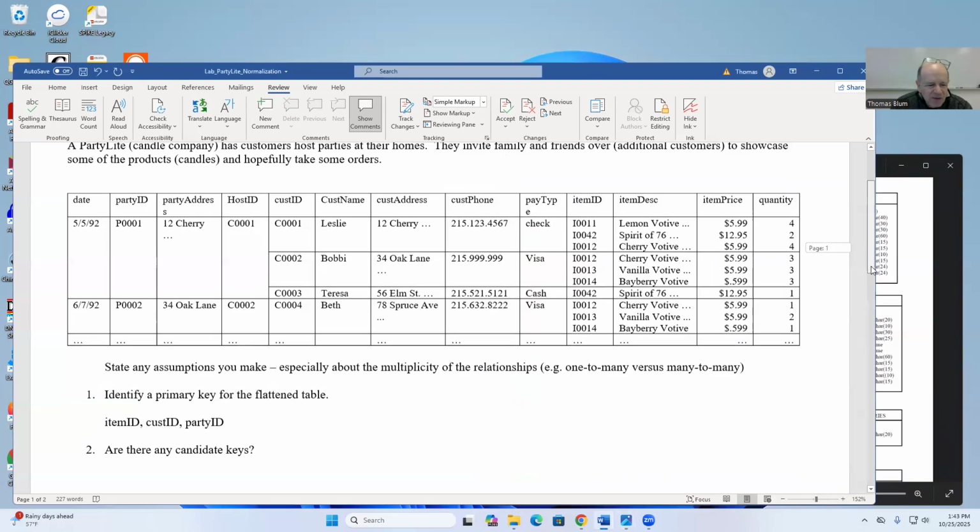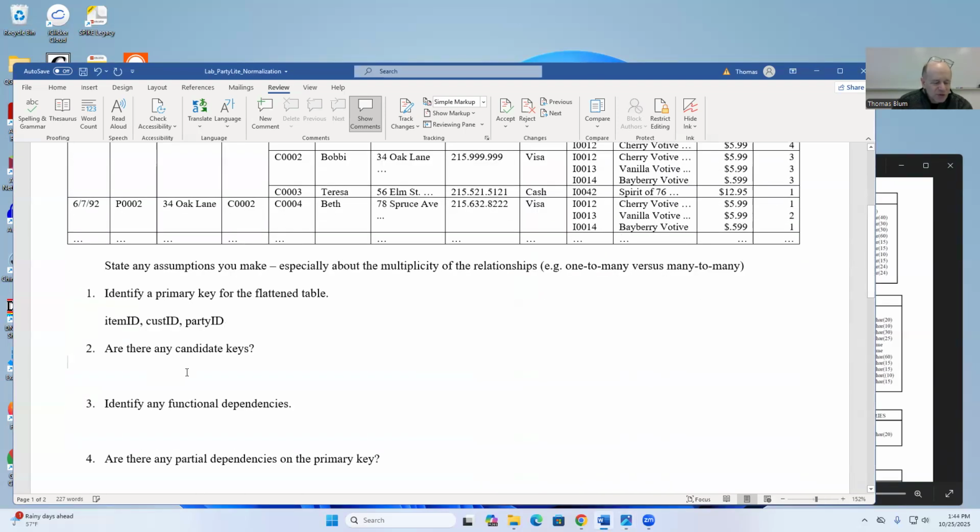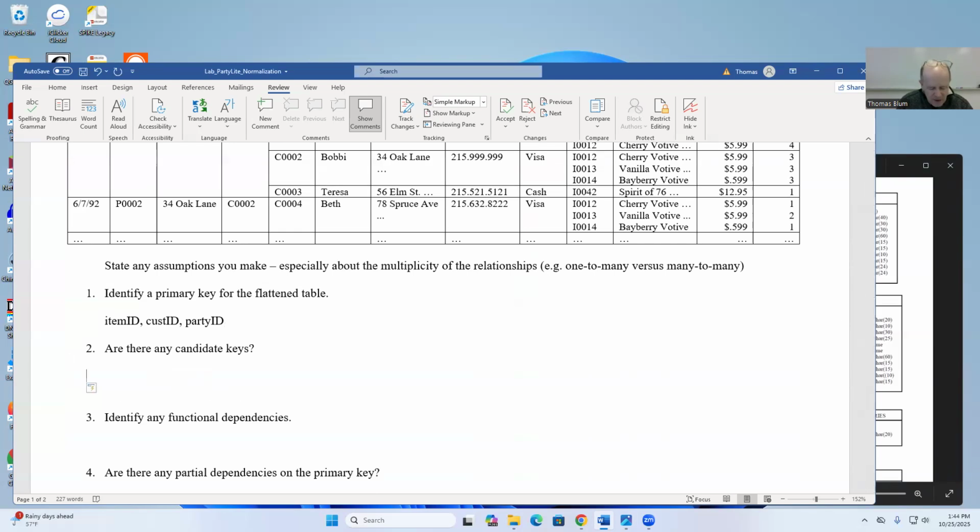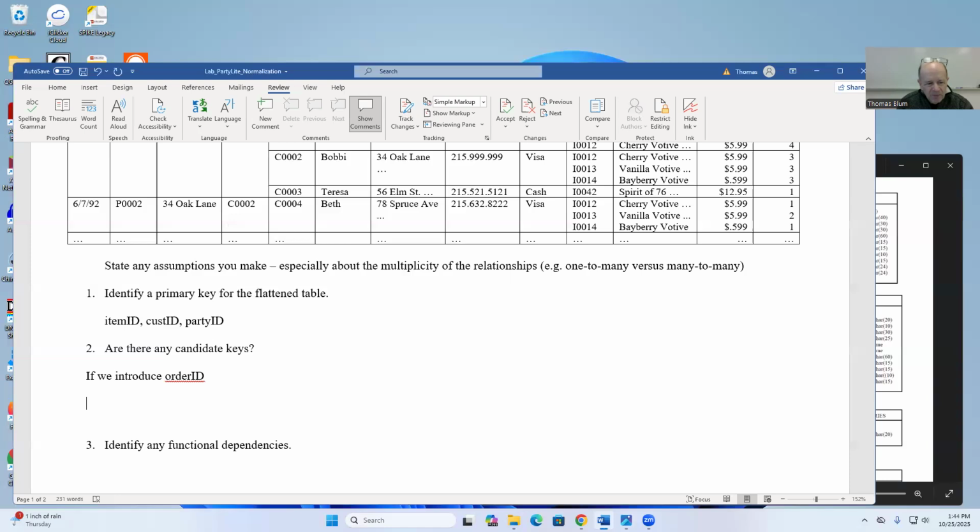The next question is about candidate keys. Based on our insider knowledge about this pattern that might arise from North Wind, we might introduce an order ID, and then we might come up with order ID and item ID.